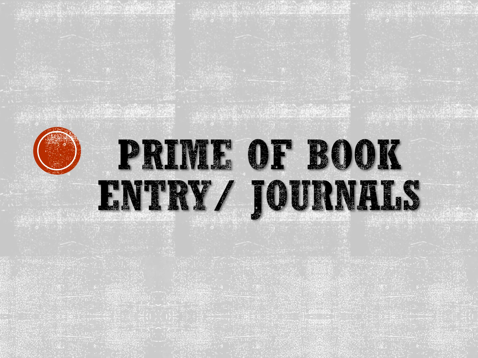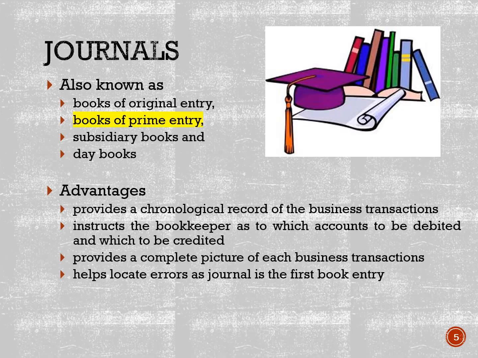So, we will go into what is a journal. Journals are also known as books of original entry or books of prime entry, or we can say subsidiary books and day books. So, in this chapter, the title is Books of Prime Entry, so it's related to the journal.